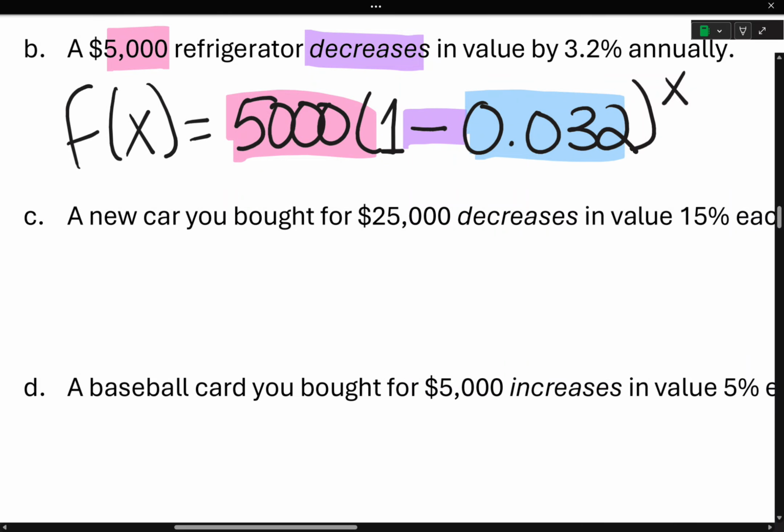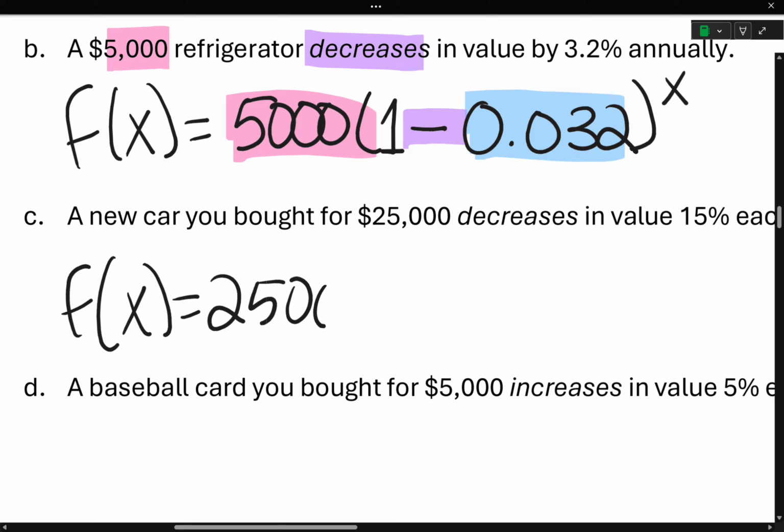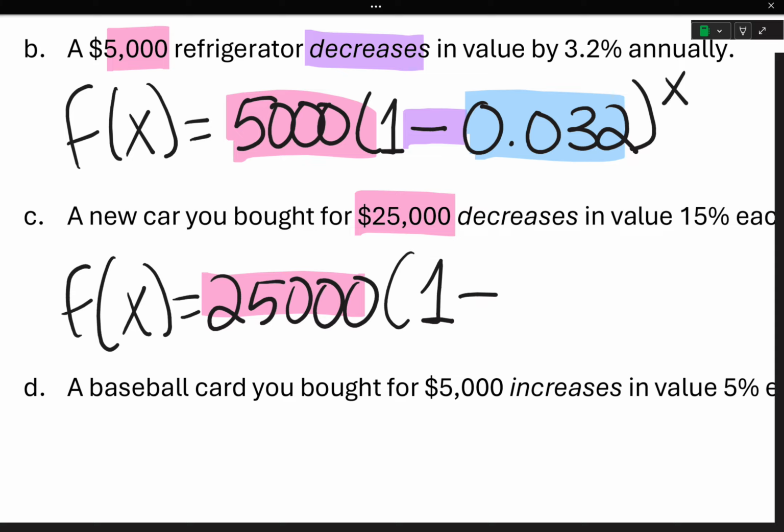Letter C, we buy a new car for $25,000. Pretty nice, pretty standard. It decreases in value, 1 minus, by 15% a year, 0.15.